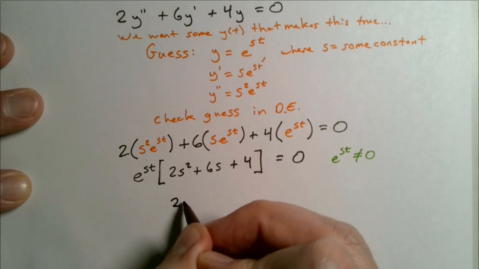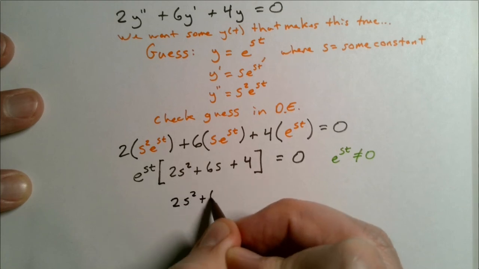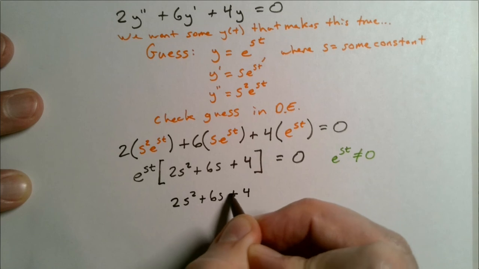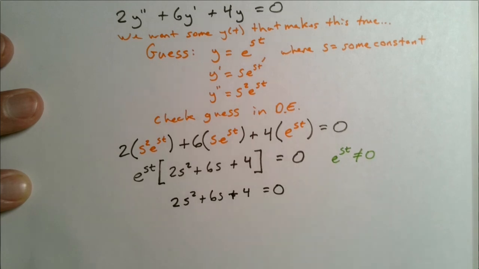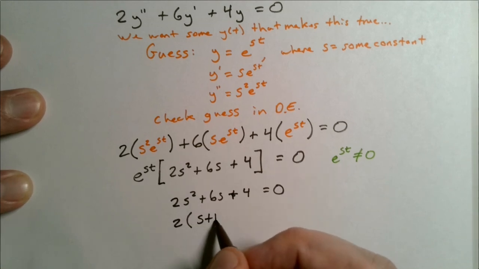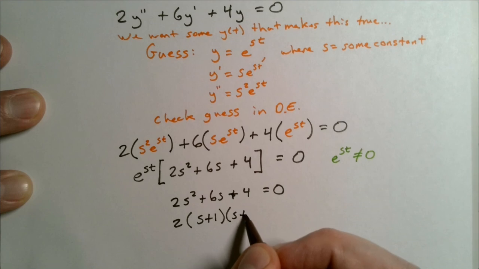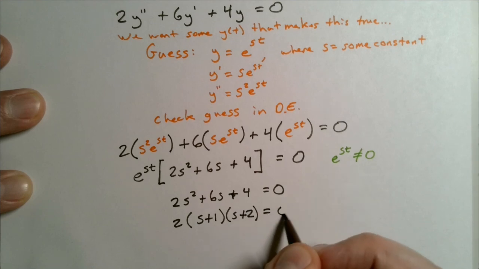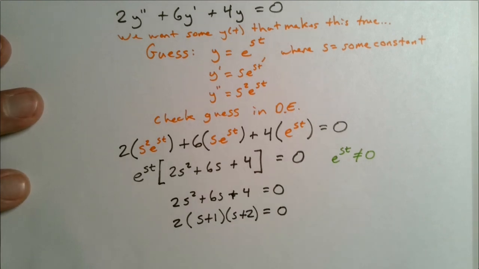So the only way this is true is if 2s squared plus 6s plus 4 equals 0. With a little bit of factoring, you can see that this is really just 2 times (s plus 1) times (s plus 2) equals 0.